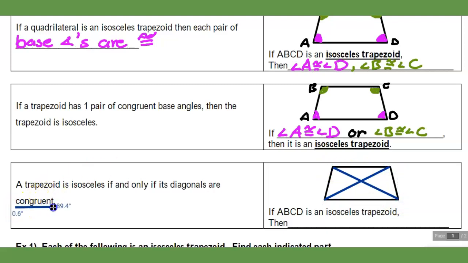It says right here, diagonals are congruent. Therefore, if we label these the same way, A, B, C, D, right, then AC, the first diagonal segment, is going to be congruent to the other diagonal, BD. Okay.